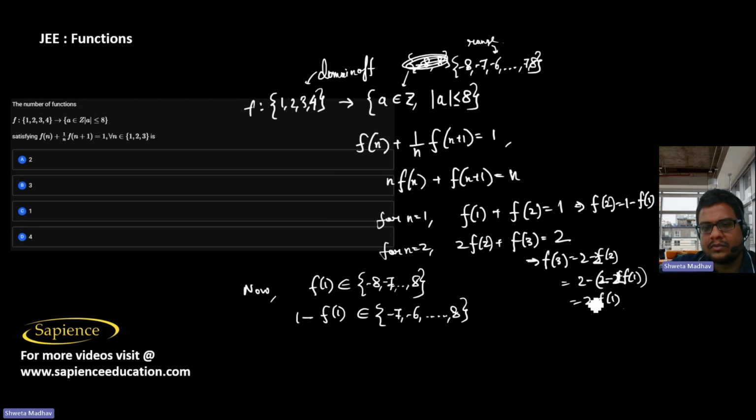And so 2 f of 1, here f of 3 should go from -8 to 8. So it is told f of 3 is equal to 2 f of 1. So it means that f of 1 will be f of 3 by 2. So f of 1 should go from -4 to 4, so it will be -4, -3 till 4.